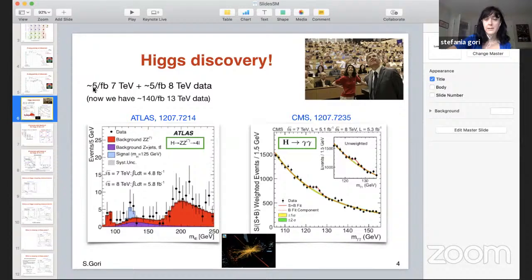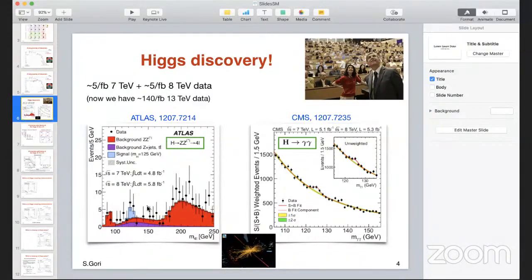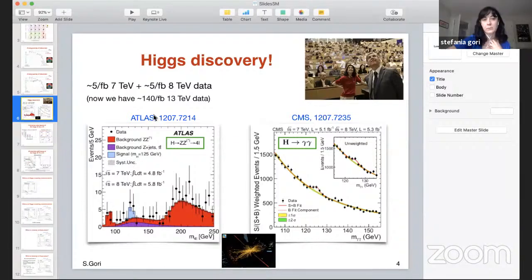So only 5 inverse femtobarn at 7 TeV and 5 at 8 TeV. And for comparison, now we have something like 140 at 13 TeV. And these are 2 of the plots that the 2 discovery papers by ATLAS and CMS showed us.